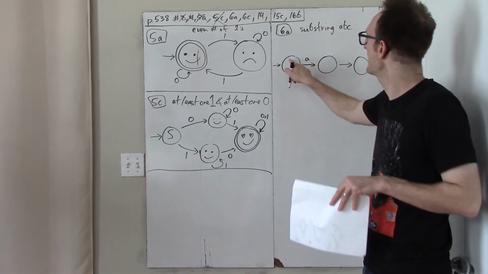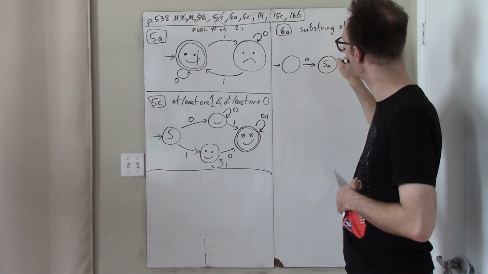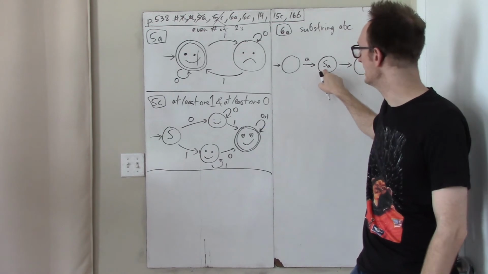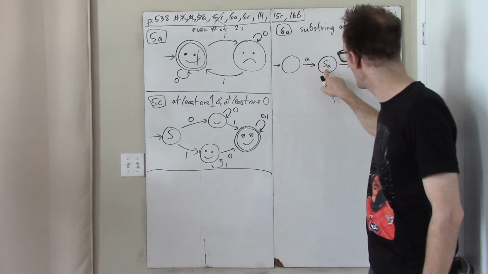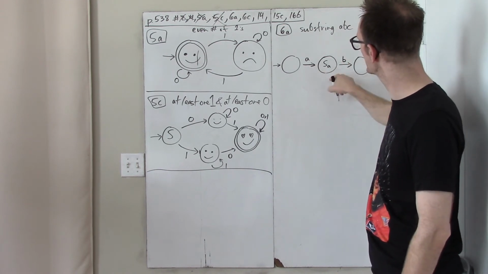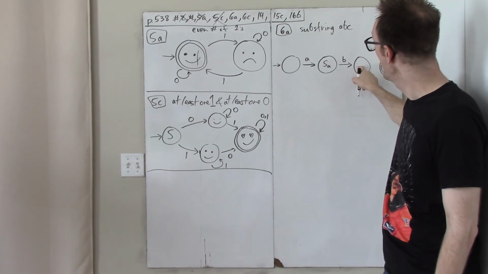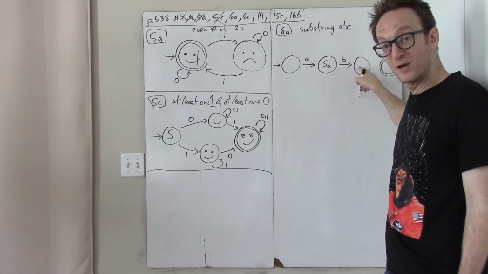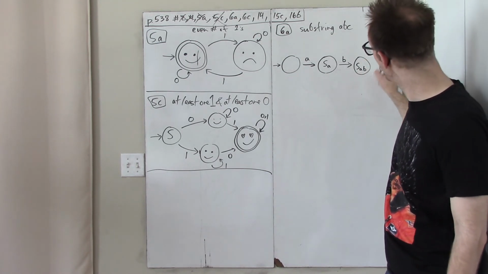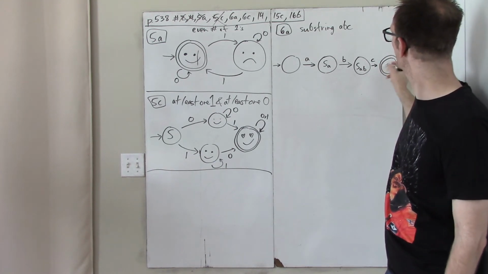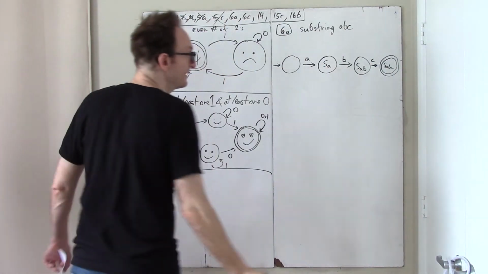So, okay, what is this? This is the state of I have just received an A. So let's label this state as the state I am in when the previous character was an A. And then if a B occurs, I should go to the state of the previous two characters were A, B. And then if a C comes, I should go to the state of the three previous characters were A, B, and C in that order.